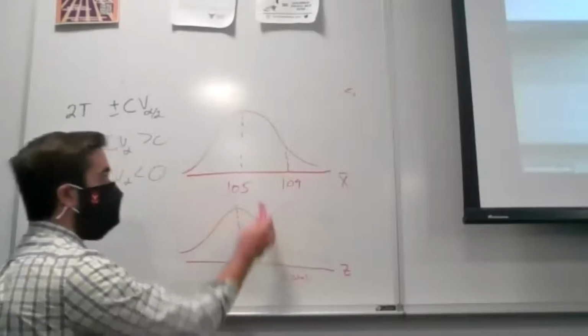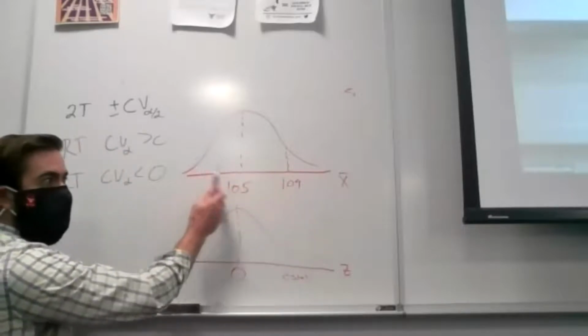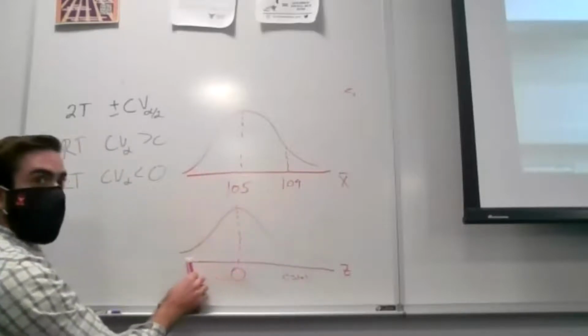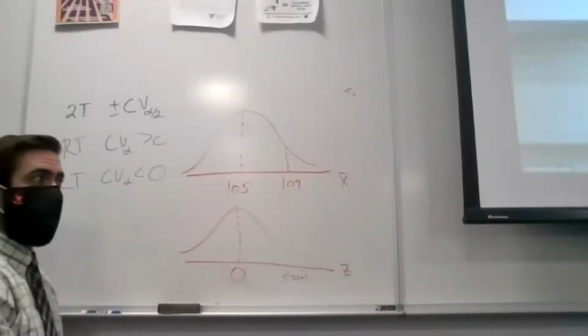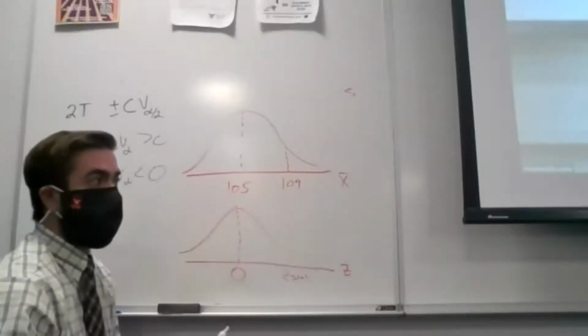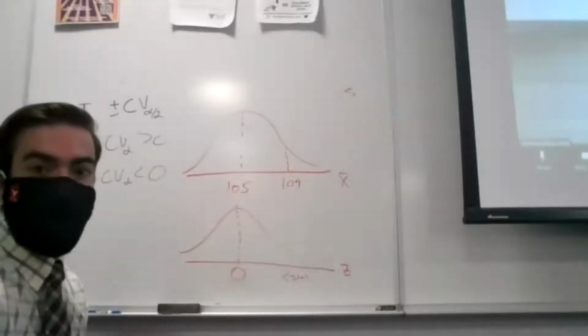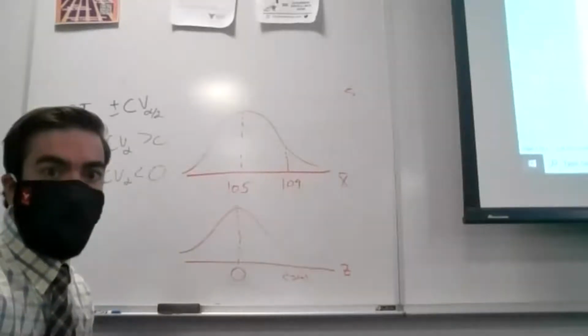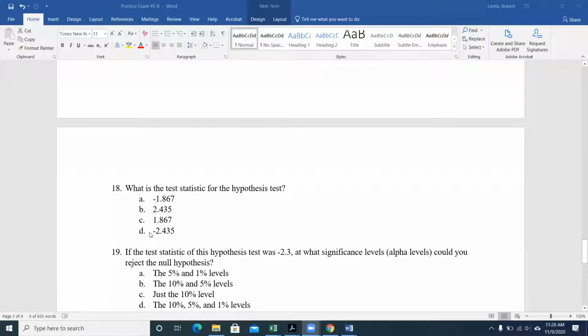Positive. If I saw sample evidence below the assumed true mean, I would have a z-statistic that is negative. So I found something above the assumed true mean, so I know right away my test statistic has to be positive, so I could actually rule out A and D right away. Now it's just a matter of getting those values plugged in.